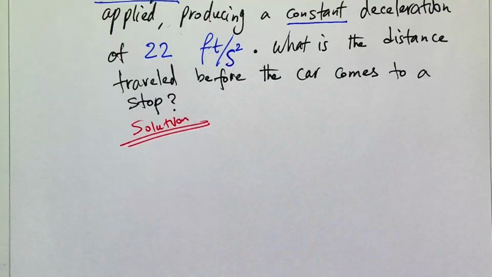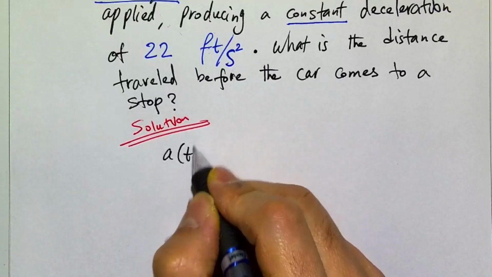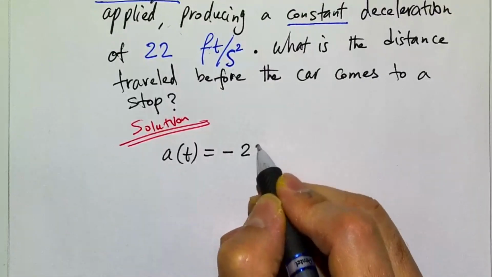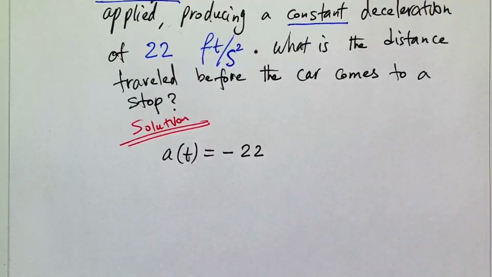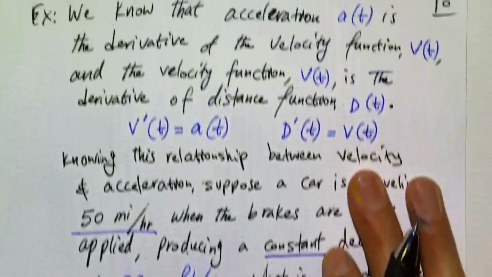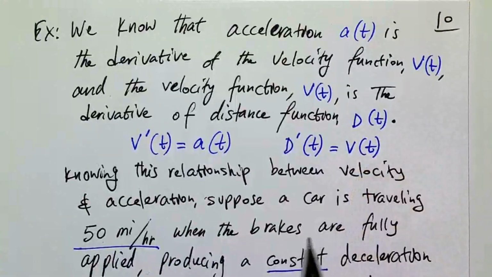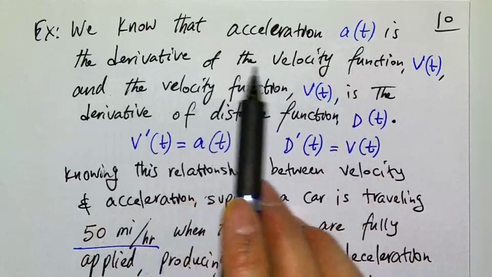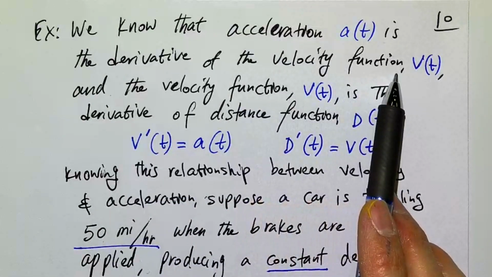And so for acceleration, let's call it A, acceleration as a function of time. We have a constant acceleration of minus 22. Okay? So we have been told from the beginning that acceleration is the derivative of the velocity function, v of t.